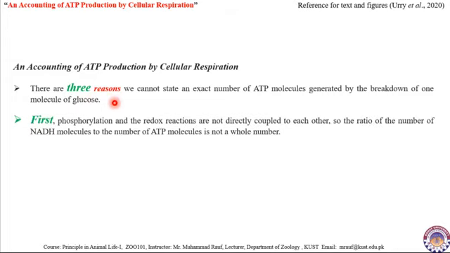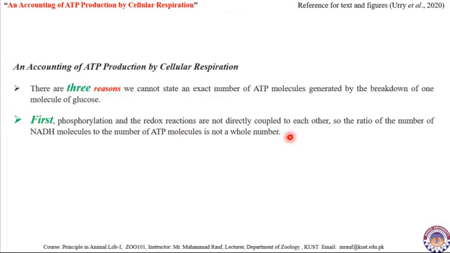The first reason is that phosphorylation and the redox reactions are not directly coupled to each other. Phosphorylation is the synthesis of ATP molecules by ATP synthase. Redox reactions take place in the inner lumen and they are not directly coupled to each other. So the ratio of the number of NADH molecules to the number of ATP molecules is not a whole number.